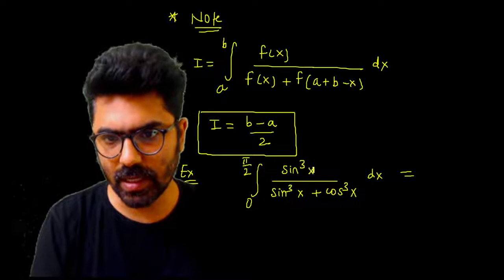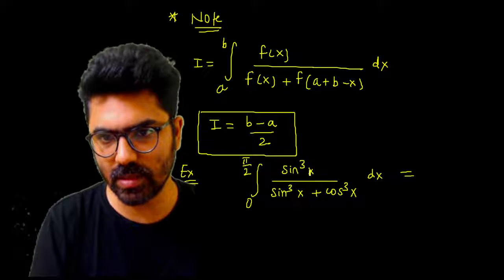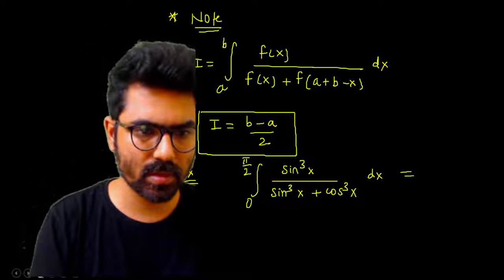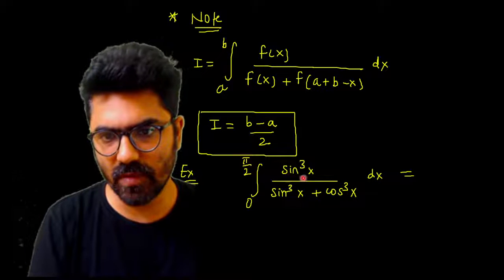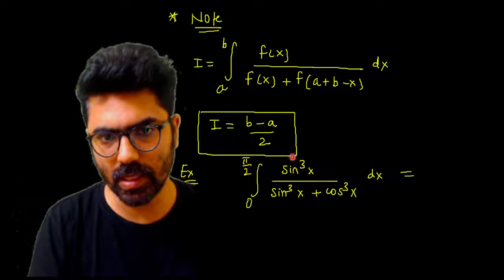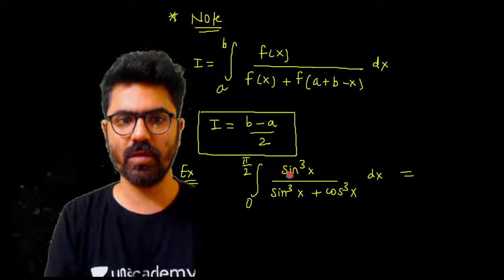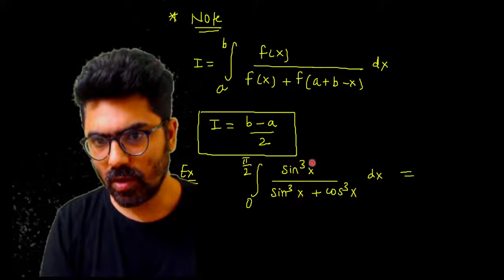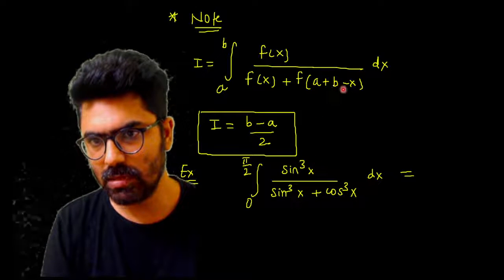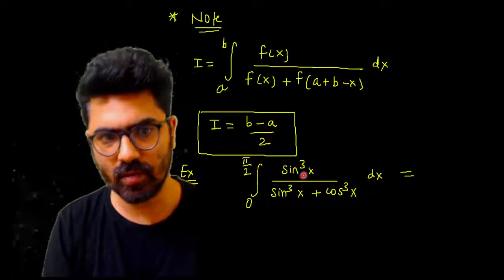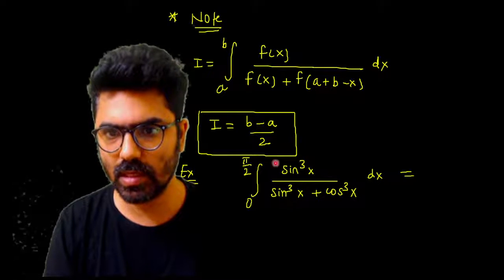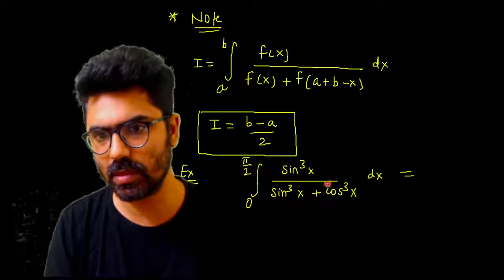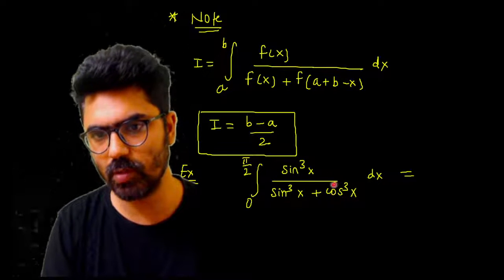Here we have x, right? And the same function we have, sine cube x, here, and here it is sine cube x. Now instead of x, if you write a plus b minus x, it becomes pi by 2 plus 0 minus x, and that gets converted into cos cube x.